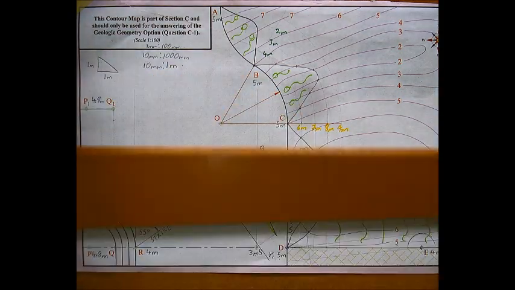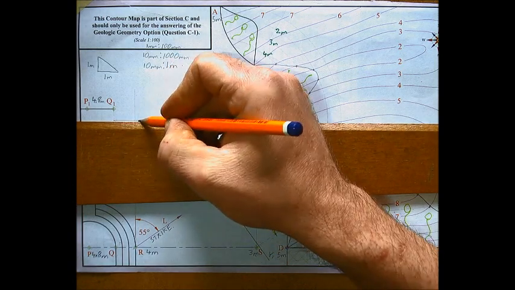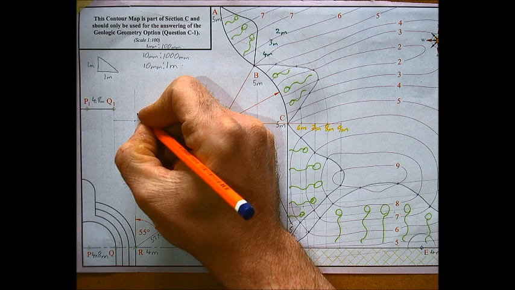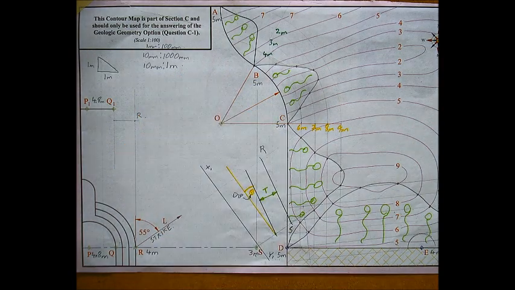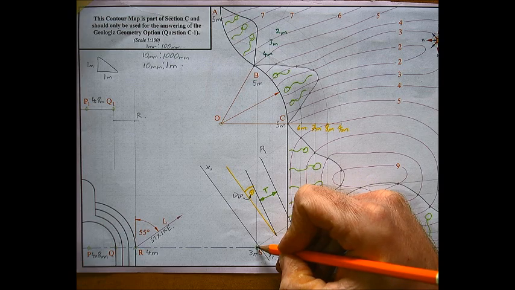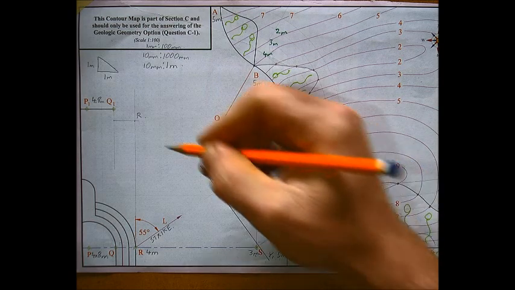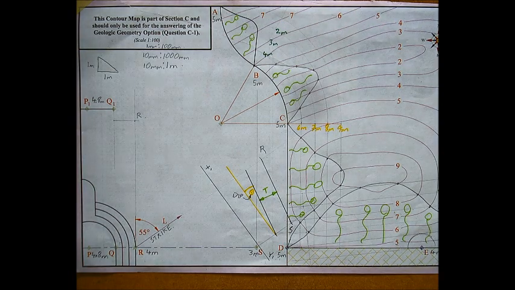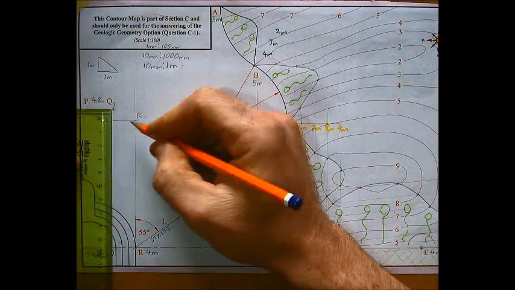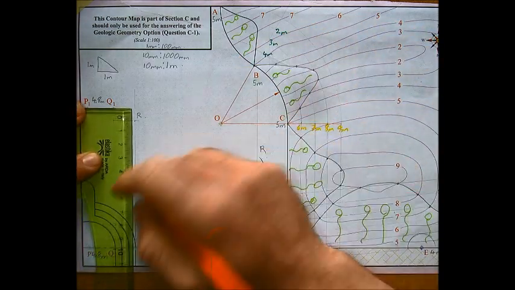That point there is point R. Point S is at 3 meters, so it will be another meter below point R, since R is at 4 meters.